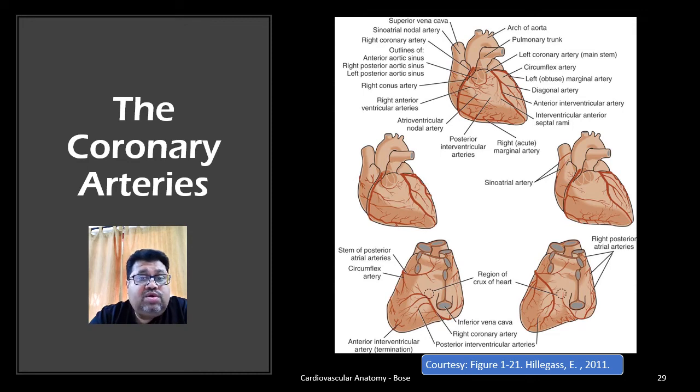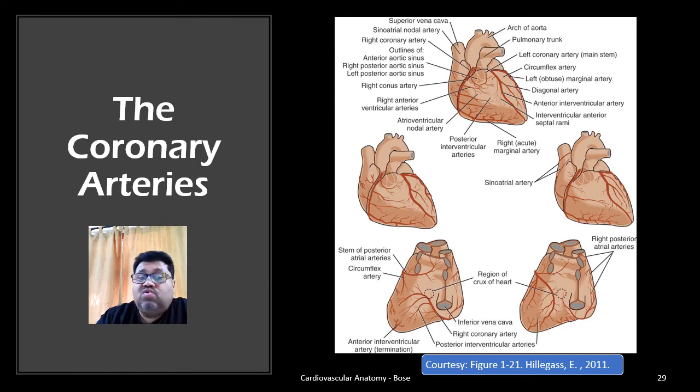The right coronary artery arises from the right anterolateral surface of the aorta and passes between the auricular appendages of the right atrium and the pulmonary trunk, typically giving off a branch to the sinus node and yielding 2 or 3 right anterior ventricular rami as it descends into the coronary sulcus to come around the right acute margin of the heart into the posterior aspect of the sulcus.